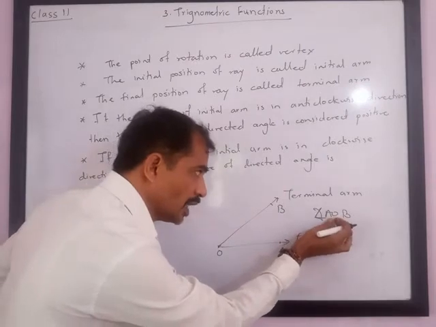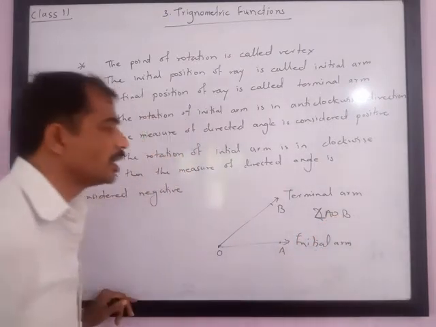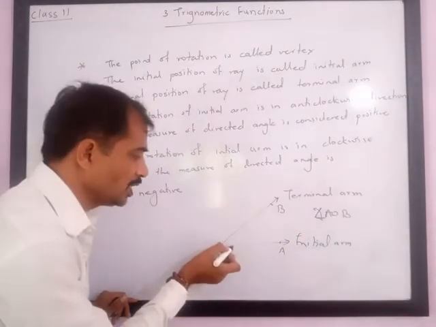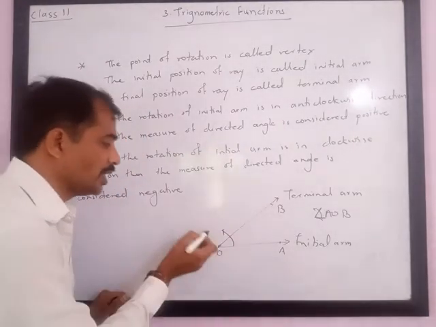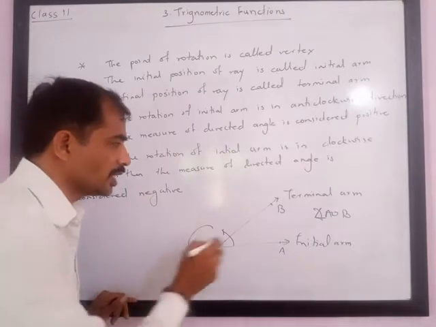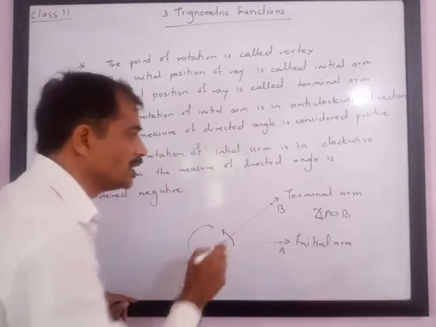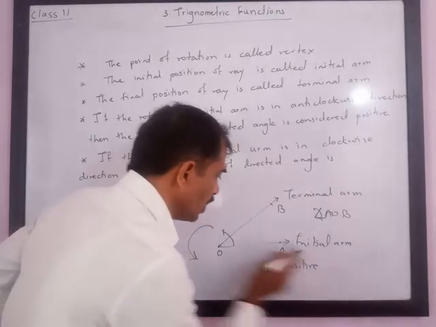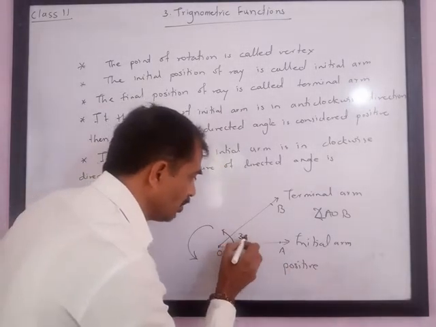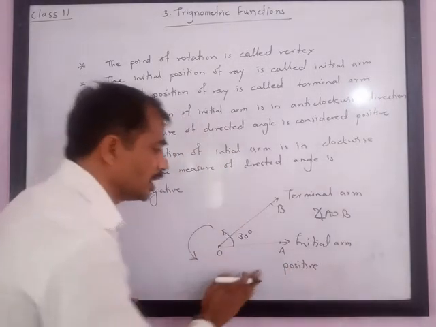Please note, first is the initial arm, next is the terminal arm. Here the initial arm is rotated in this direction. If it is anti-clockwise, then this measure is considered positive. So if it is rotated in this direction, this will be positive 30 degrees.